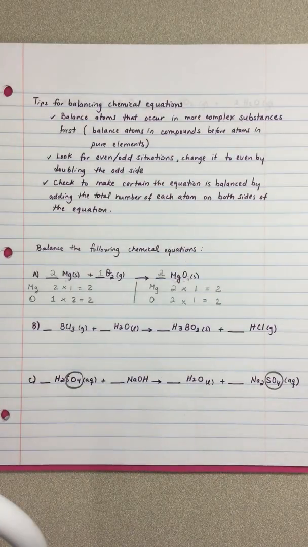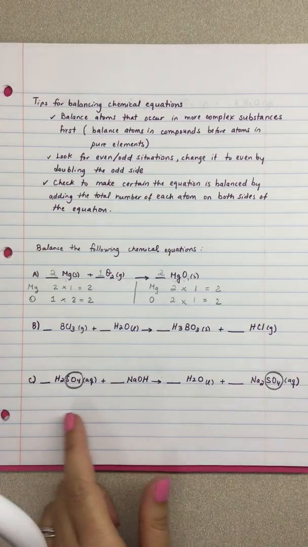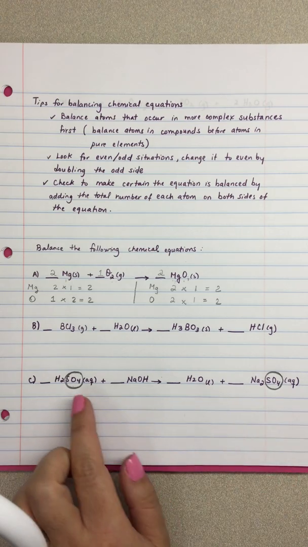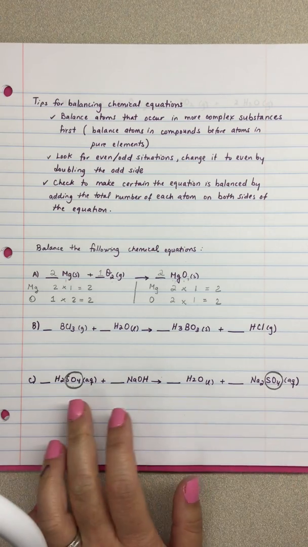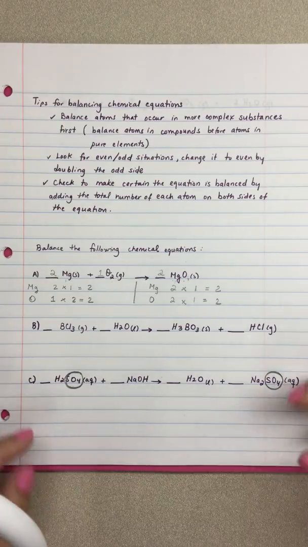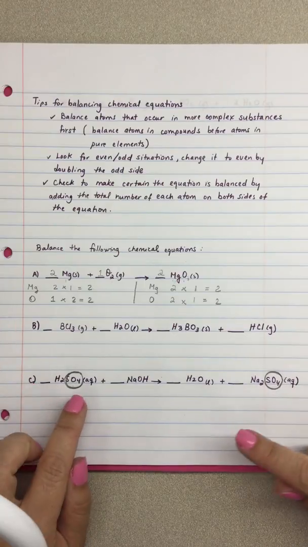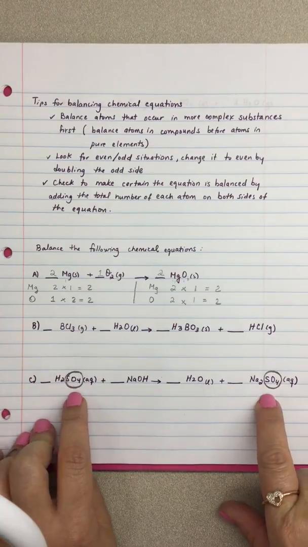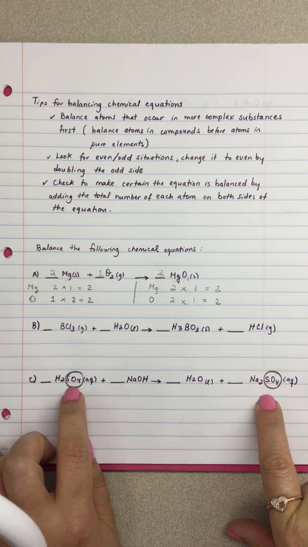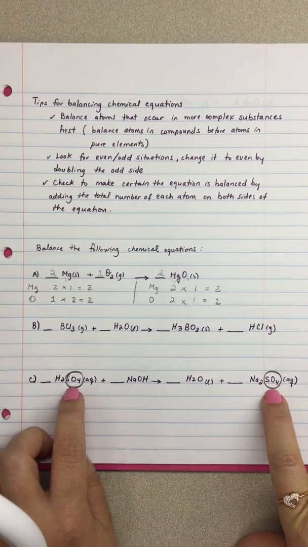If your polyatomic ion appears on both sides of your chemical equation, you're going to look at your polyatomic ion as a unit. What that means is that when you're balancing this equation where you have your polyatomic ion on both sides of your arrow, you have one sulfate, one sulfate.